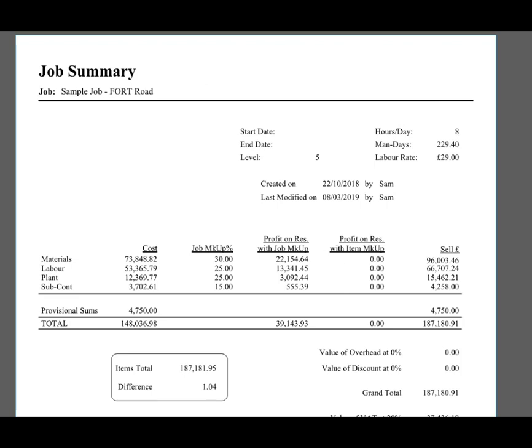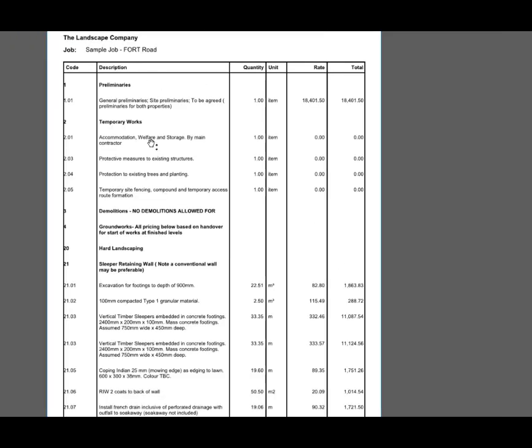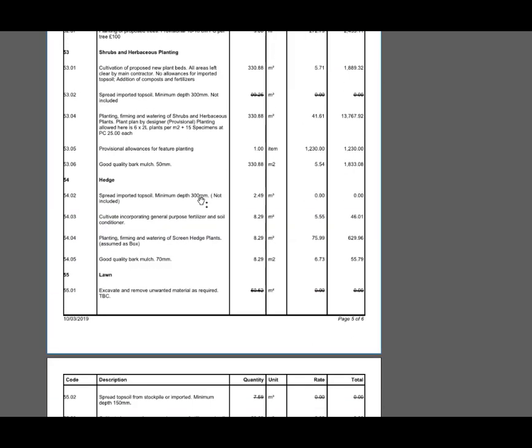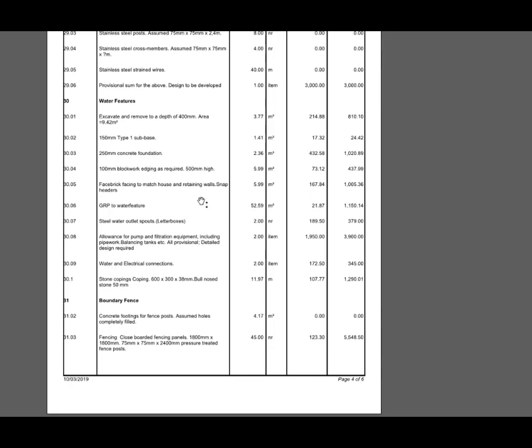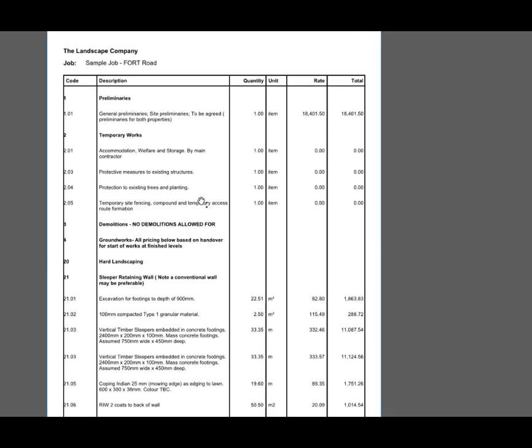The only schedule that your client does see is the schedule of works, which comes up in quite a few different formats that give you the ability to print it out with or without measurements, with or without VAT or GST, as the case may be, or put it out to another electronic document format: Excel, Word, PDF, etc.